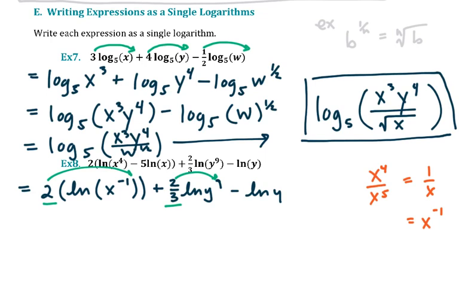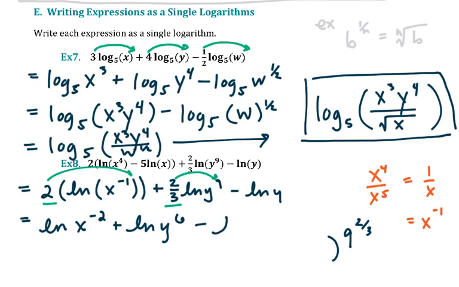So here, I have the natural log of x to the negative 2 plus the natural log of y. So that becomes 9 to the 2/3 power, right? And so power to a power, we multiply. 9 times 2/3 is 6. And I've got minus the natural log of y.